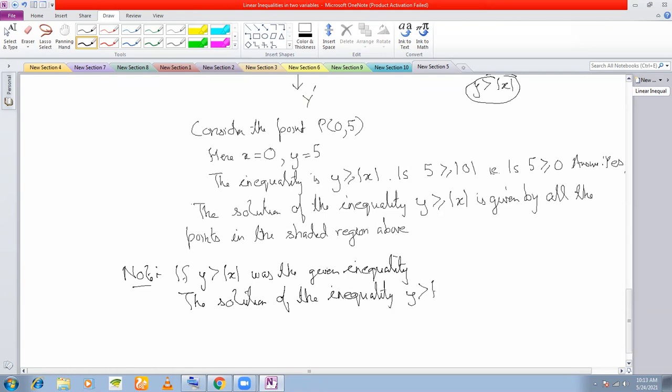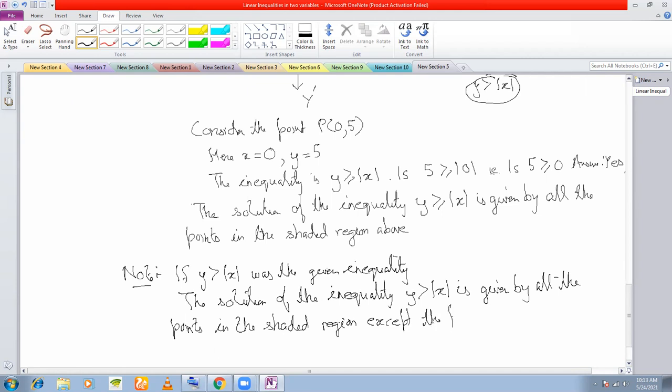y greater than mod x is given by all the points in the shaded region except the points on the line y equal to x.